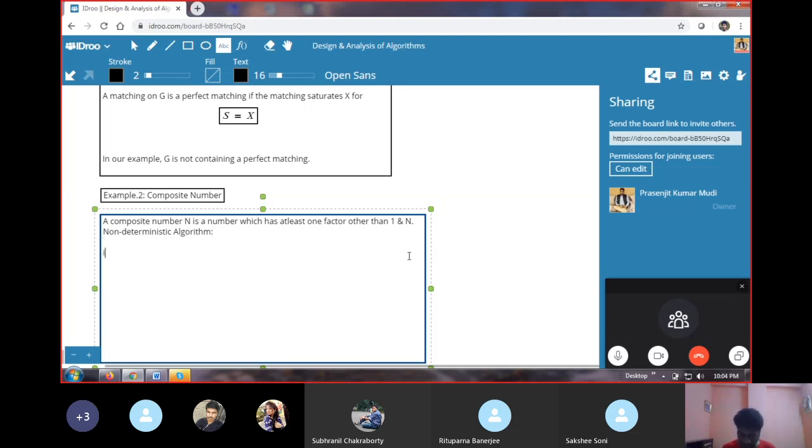Say input n, then call a function choice from a set of all the natural numbers, choice W. So here W is a set of all natural numbers.